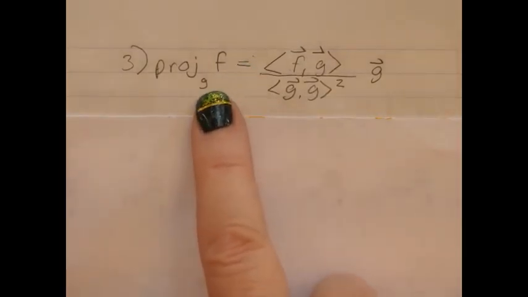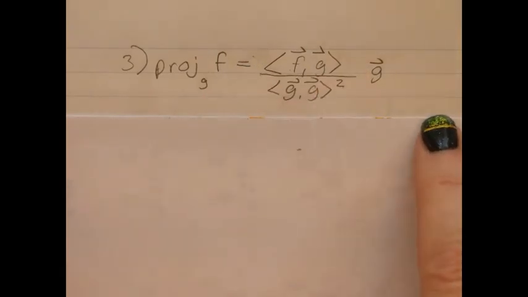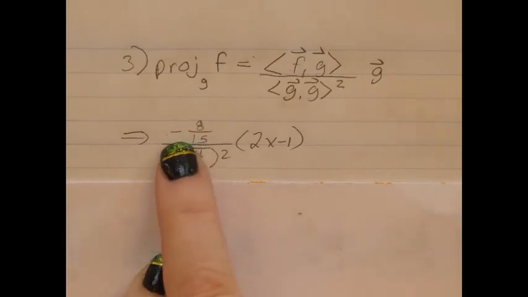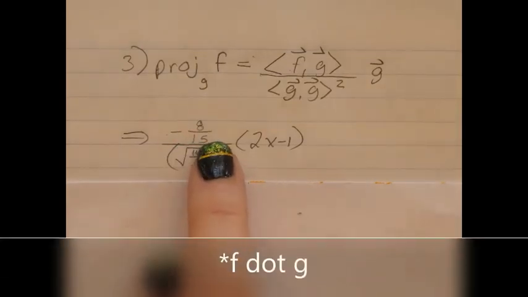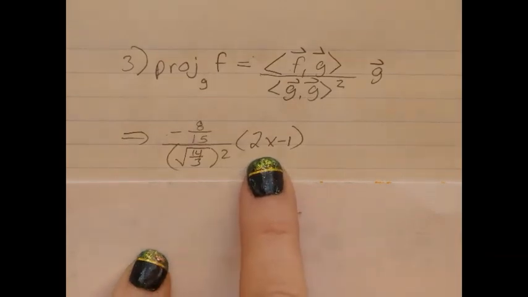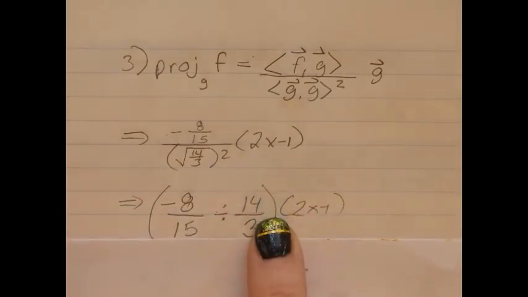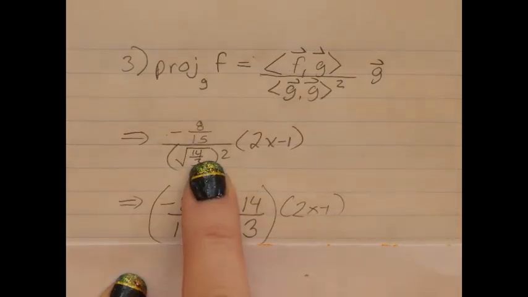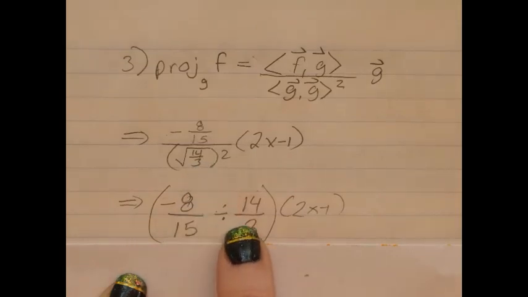Again, if this was g onto f, change everybody around. So if I'm going to do this projection, this is f times g, that was our answer. This is the length of g, now I'm going to square it, times vector g. For those of us who forgot algebra and how to do it, 14 over 3 is going to be my answer, so I'm dividing by 14 over 3.